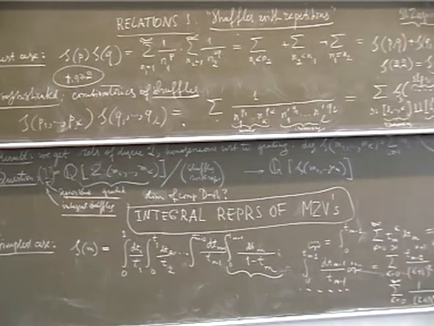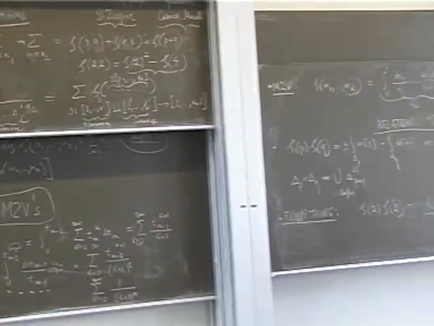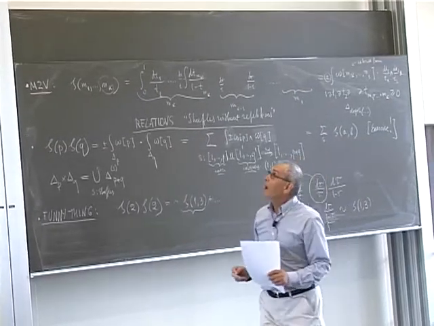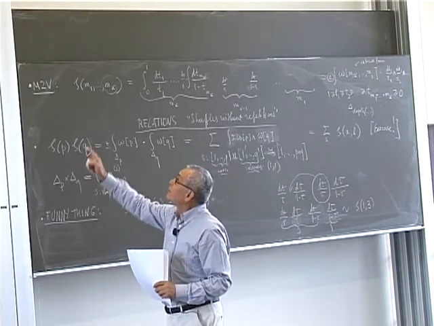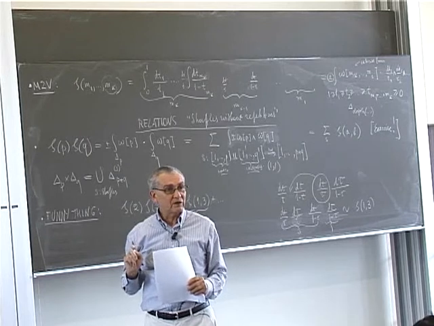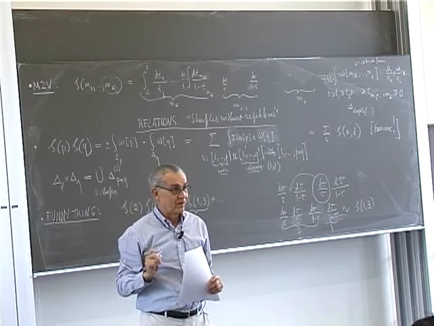There is one more way we can produce relations, and this is this. I have had to exclude the case when m_k equals 1 up there because the series diverges.